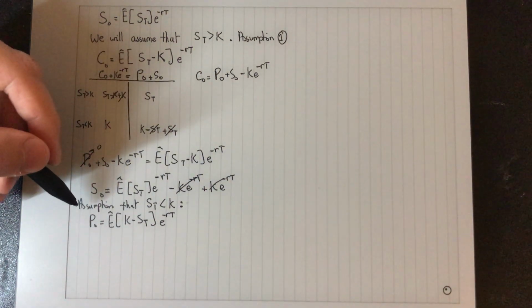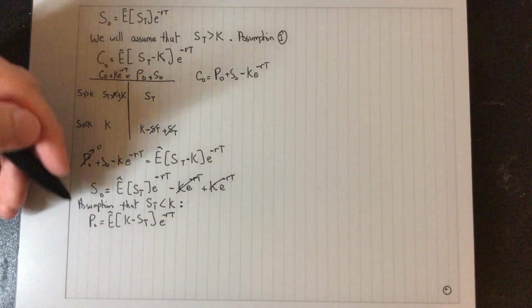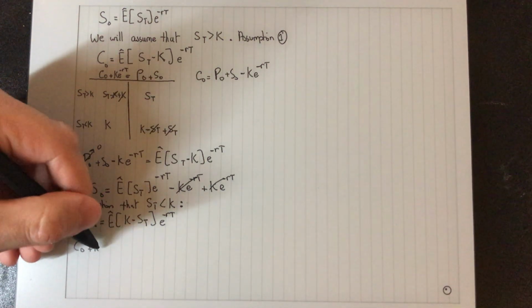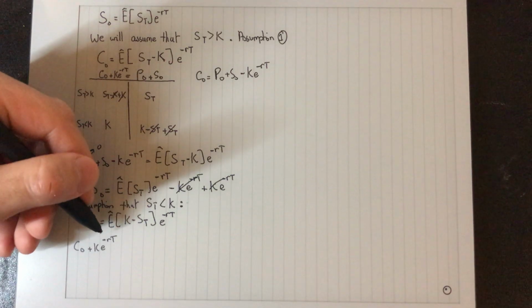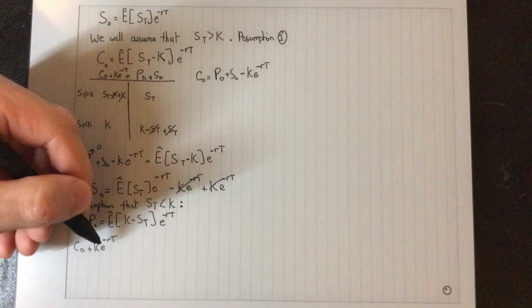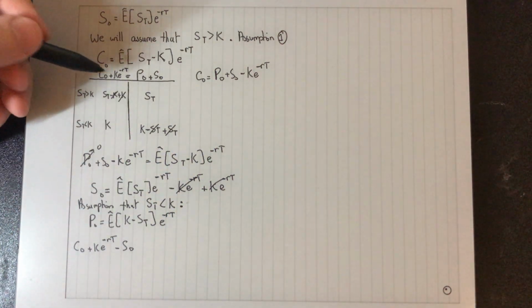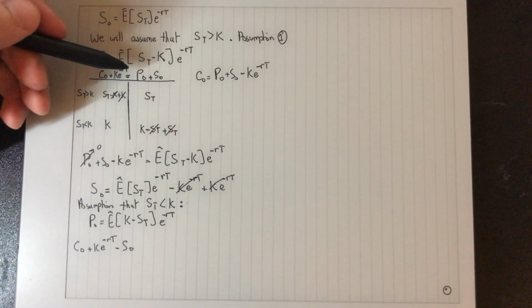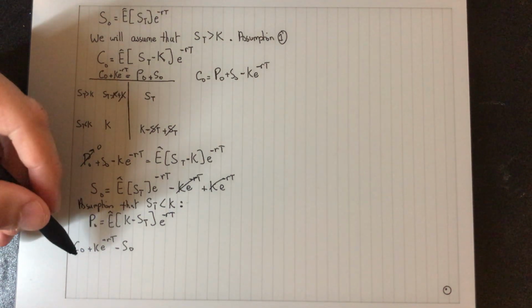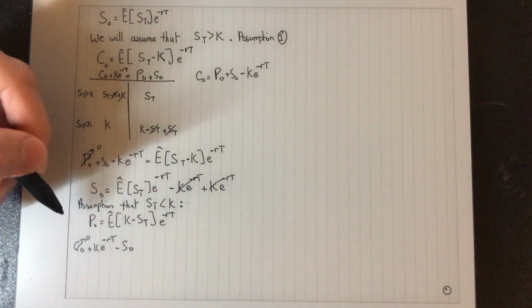and substituting in the value of P0, which would be equal to C0 plus K e to the power of negative RT minus S0. And that is the value of our put. However, since we assumed that ST is less than K, then this simply becomes 0.